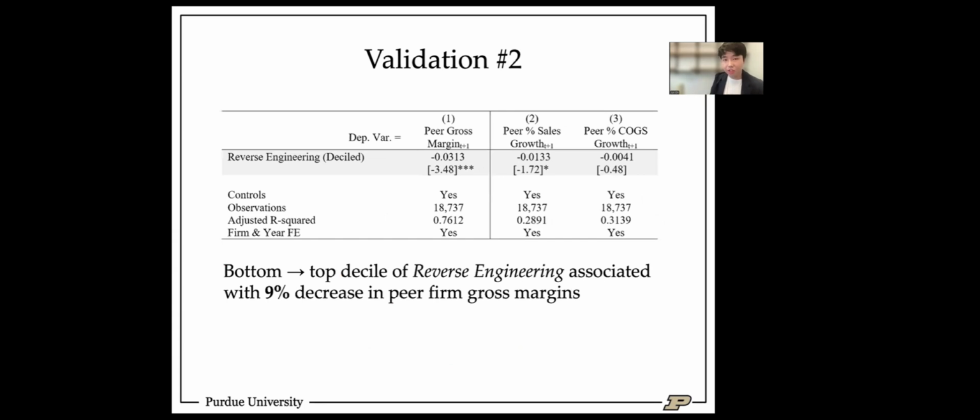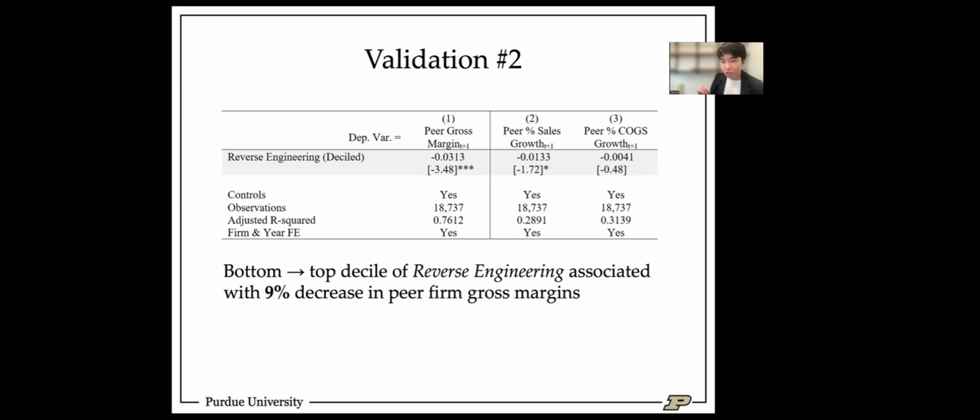In the second test, we're now going to take a look at what happens to those companies that are exposed by this type of behavior. We're going to look at all the competitors that have a lot of this activity happening to them. And we show that moving from the bottom to the top decile of reverse engineering, there's around a 9% decrease in these peer firm gross margins.